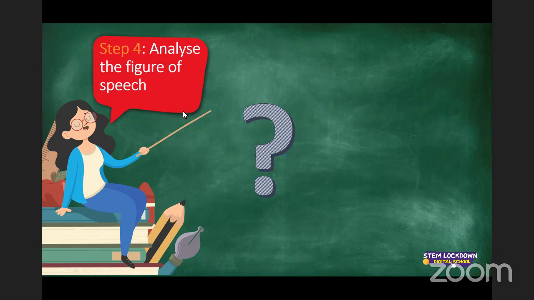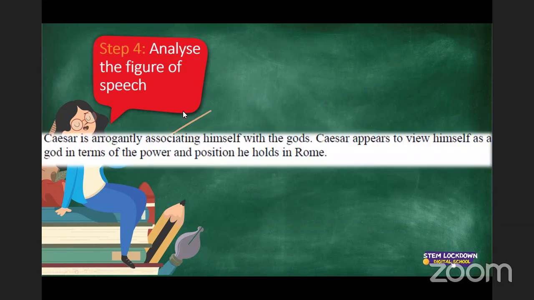Okay, so we can explain it there. Caesar is arrogantly associating himself with the gods. He appears to view himself as a god in terms of the power and position he holds in Rome. You would need a bit of context as well to help you analyze.